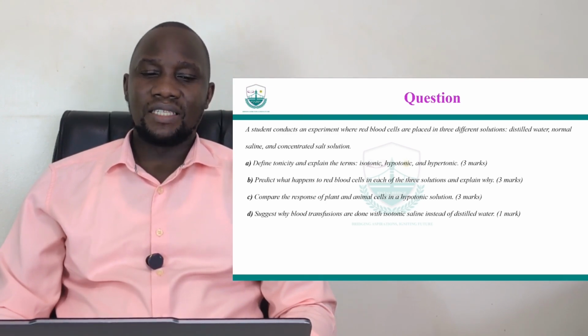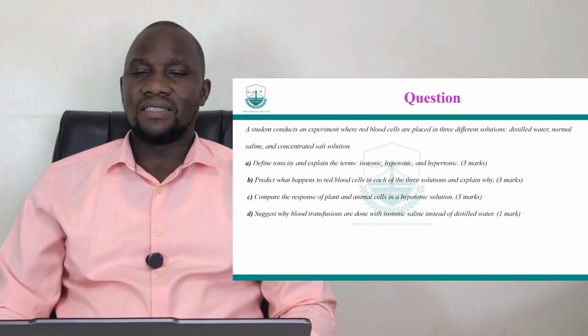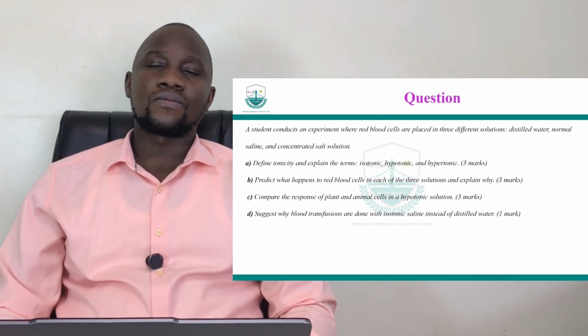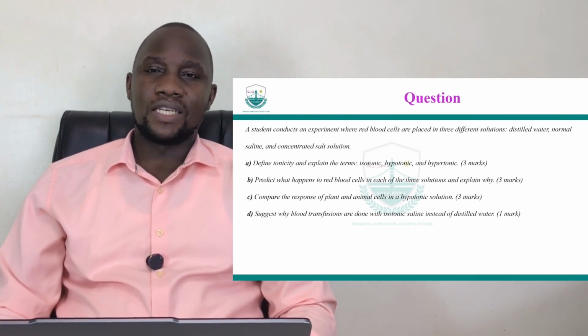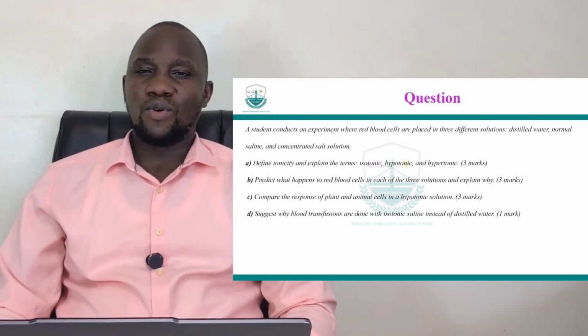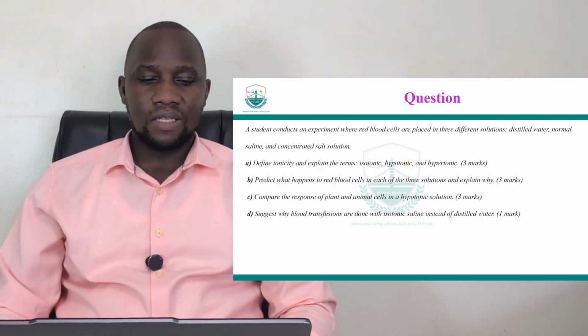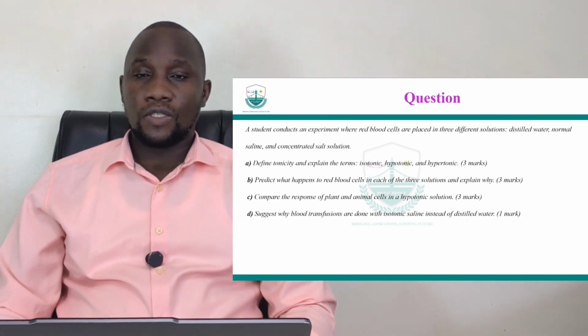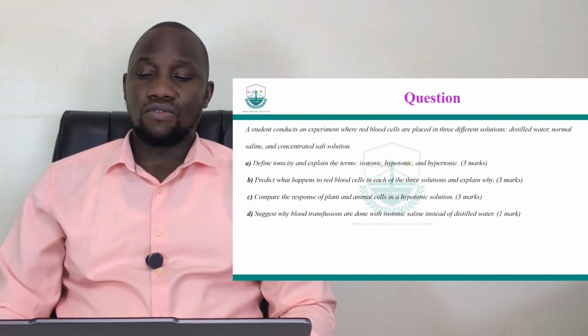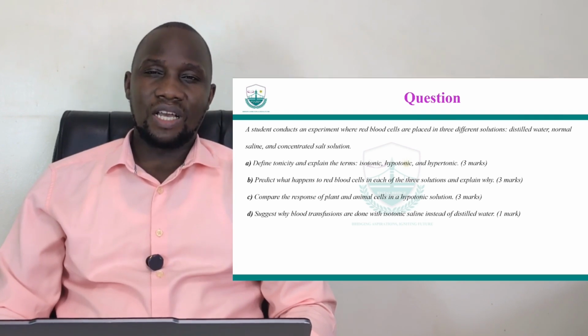And then normal saline is isotonic. It should have the same kind of solid concentration as the body fluids, similar concentrations of ions to our usual body fluids. That is blood and some tissue fluid, because the tissue fluid actually comes from blood.